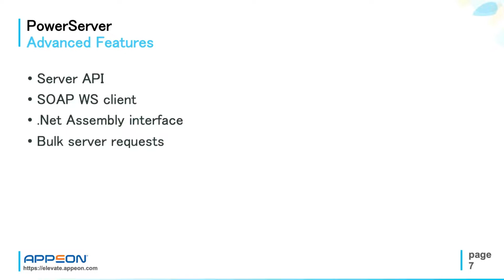How to send bulk requests to PowerServer in order to reduce server calls and boost application performance. And how to leverage a handy plugin that is the file service, by which you can upload and download files to and from the server with ease.